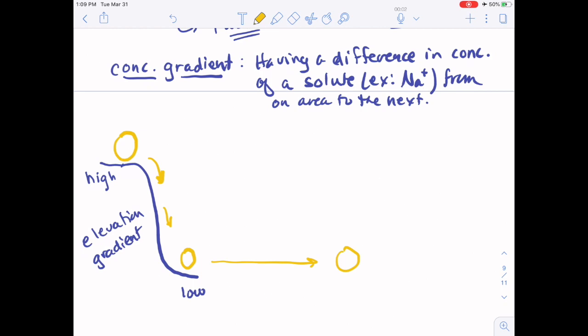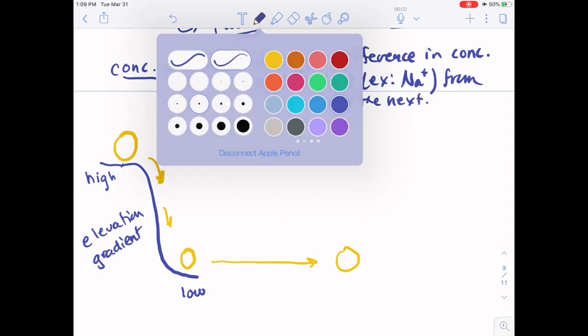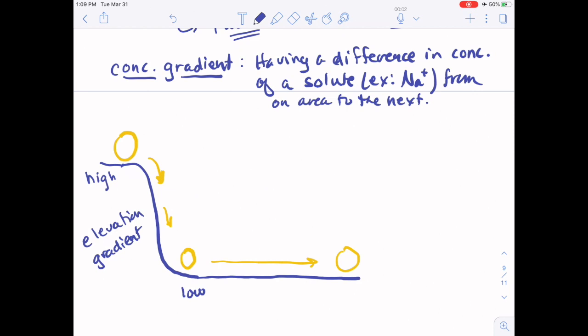And doesn't it take some extra energy to go basically on a flat surface, let's say? What I'm pointing out here is that not only did it take no energy for the ball to go down the gradient, but it actually gained some momentum. It gained some energy in doing so.